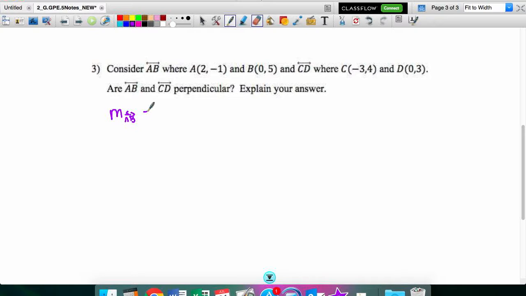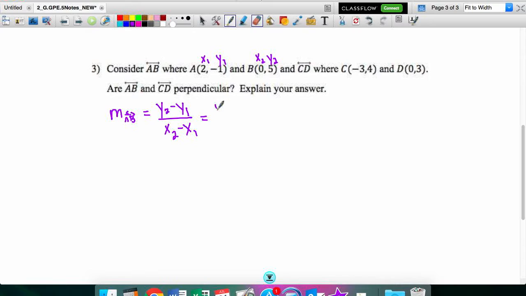When you're given 2 points, you're going to use the slope formula: y2 minus y1 over x2 minus x1. For A and B, you can pick either point as your x1, y1 and x2, y2. So let's go ahead and plug in our points.